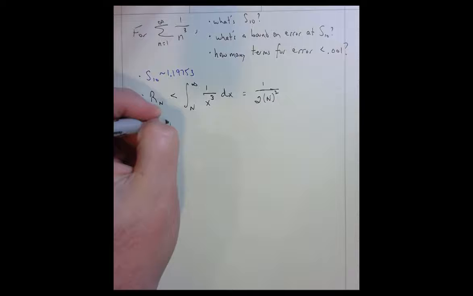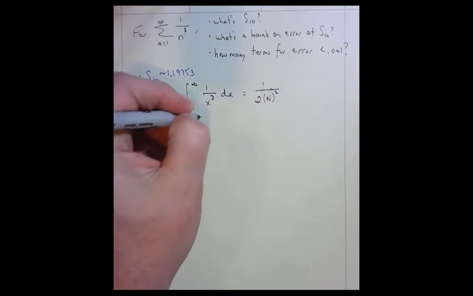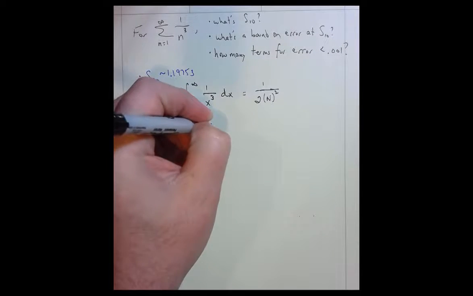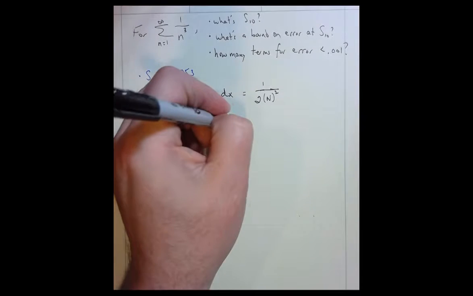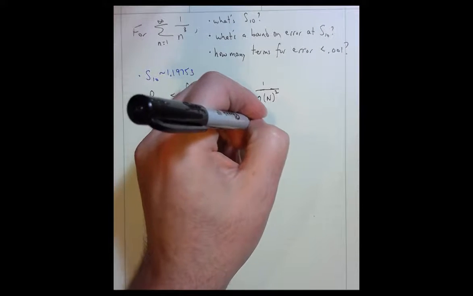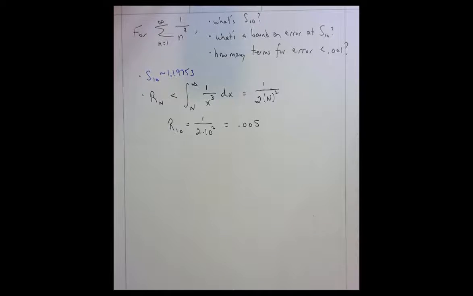And so that means that R10 is 1 over 2 times 10 squared, which turns out to be 0.005. So for this particular infinite series, which converges and has an actual value associated with it, if we only add up the first 10 terms in the series, we are no more than 0.005 away from this mysterious true value that we don't actually know.